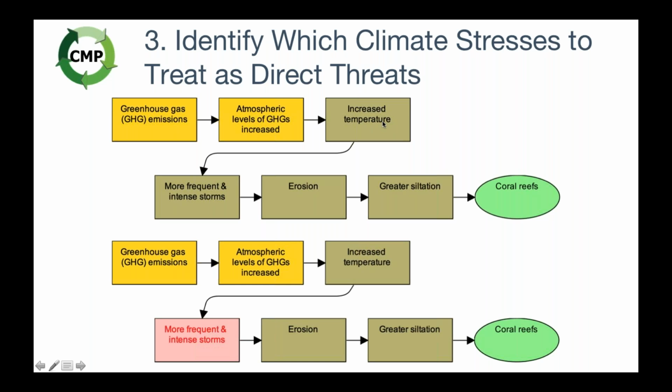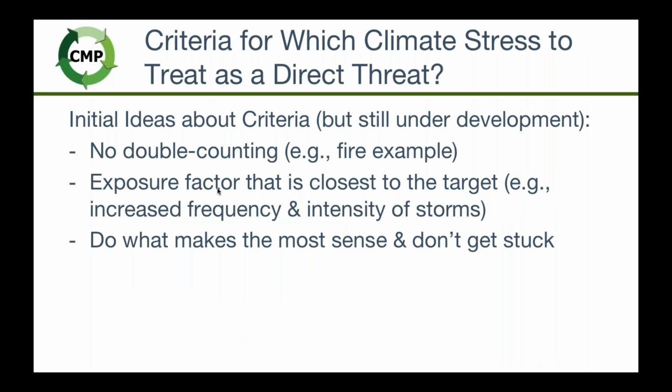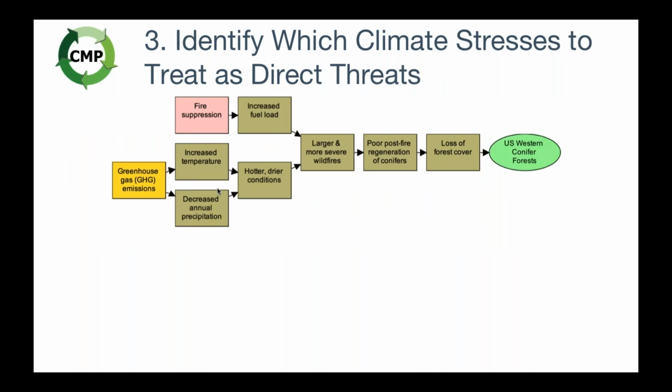So I'm not sure I would always choose increased temperature, but I think what we're saying is generally speaking, usually it's factors that are more on the upstream end, more on the left-hand side. One of our rules is do what makes the most sense in your case and don't get stuck, which is a rule we haven't really fully developed in our guidelines. Let me show you a few more examples.